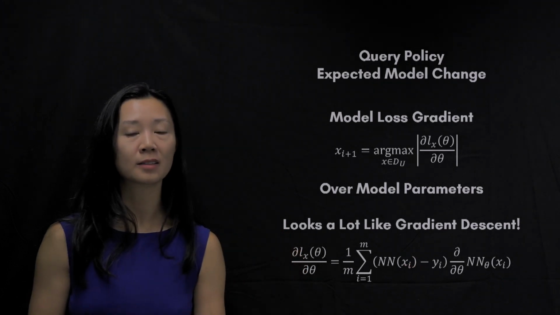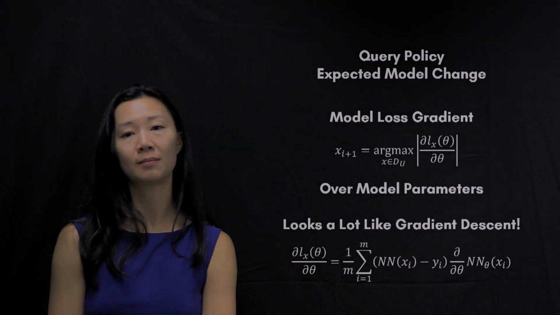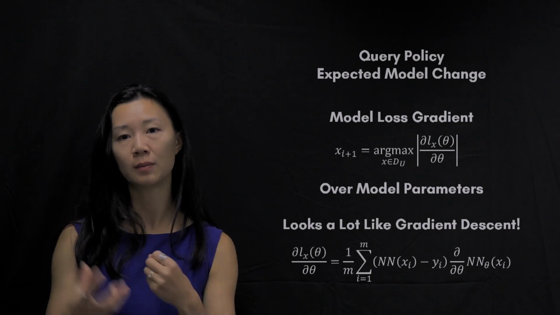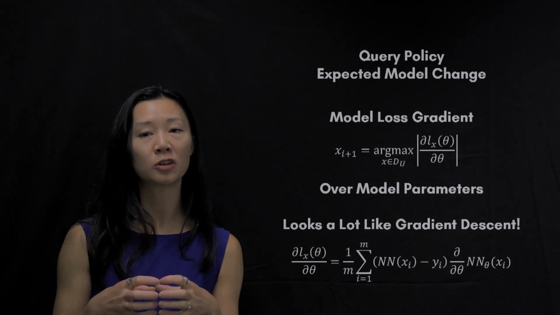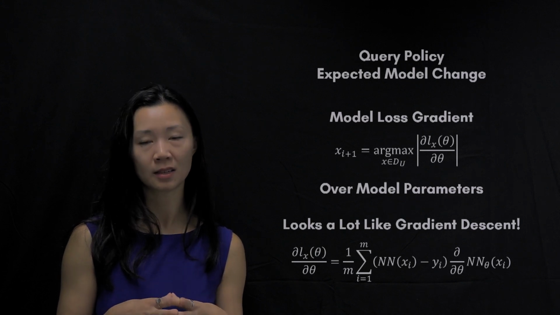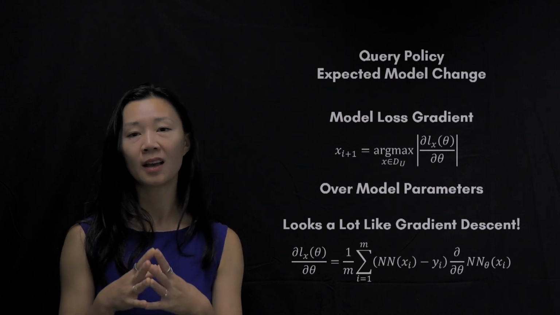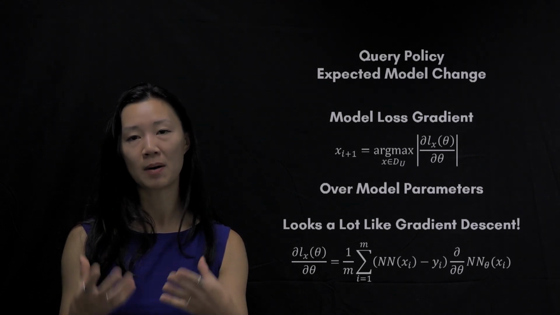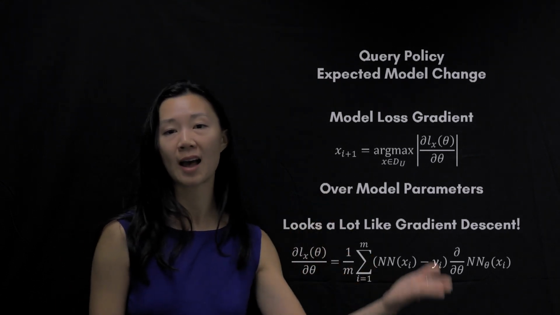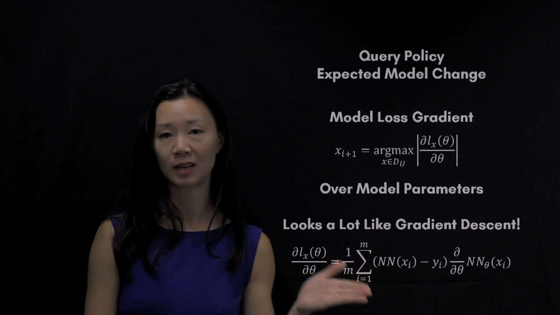So this model loss gradient is really nice in that if you have a neural network and you're training the model, your gradient should already be calculated in the training process. And so your query policy, if it were passed that model and the training information, would already have access to information like this.